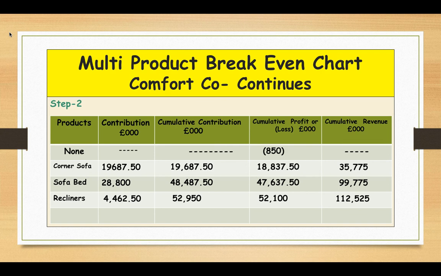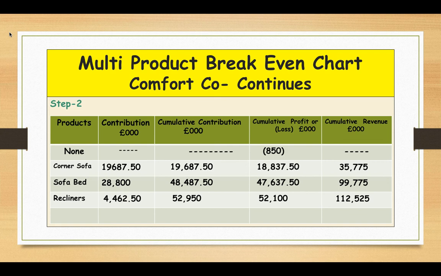Okay, so now we are going to calculate the recliner sofa. So like before, the total individual contribution for recliner sofa is £297.5, which is the contribution per unit, times it by 15,000, that's the total number of units of recliner sofa. So you will get 4,462,500.